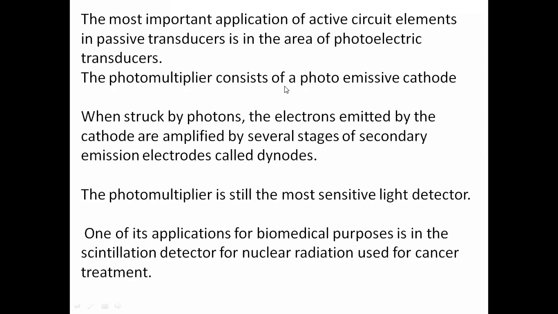Here the photoelectric transducer is nothing but the photomultiplier tube, with a photoemissive cathode. The photomultiplier tube consists of a cathode and an anode, and in between we have some diodes.